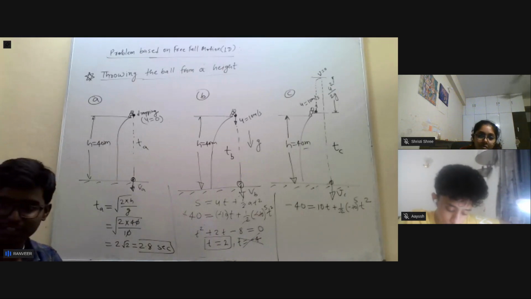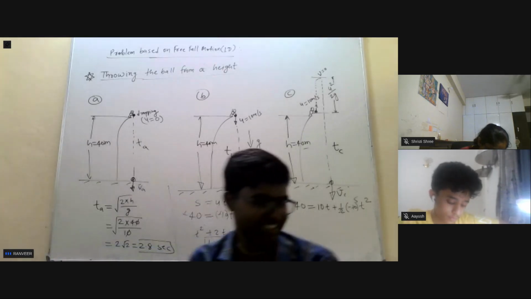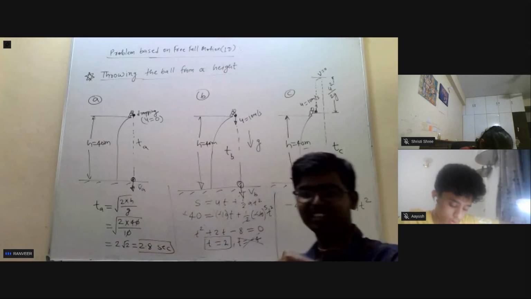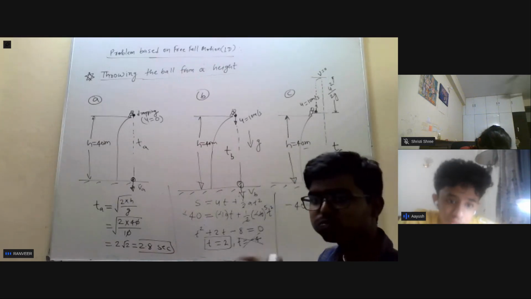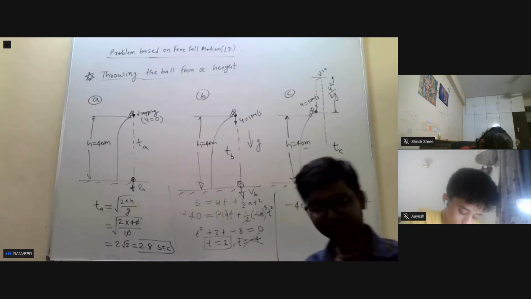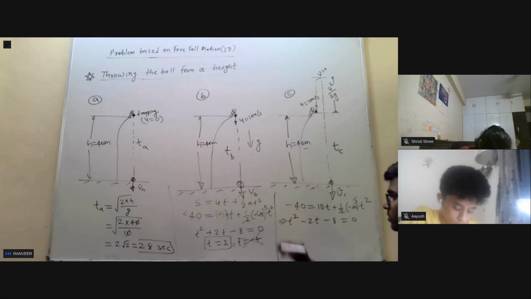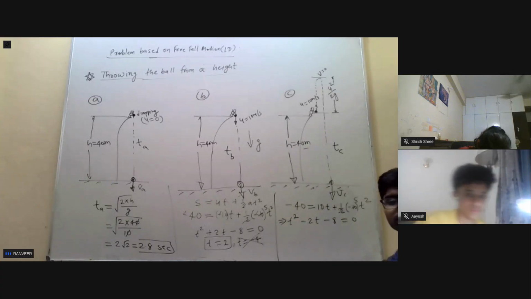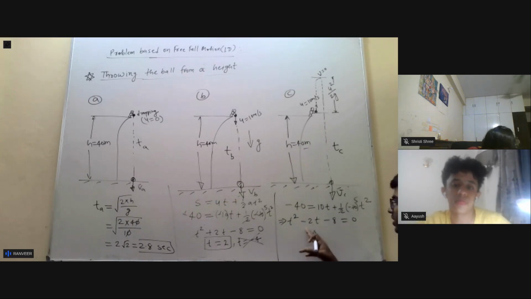Okay, sir, you divided the whole equation by 5. You got it now. Good. t square minus 2t minus 8 equal to 0. In the quadratic equation, minus 8, how can you get it?